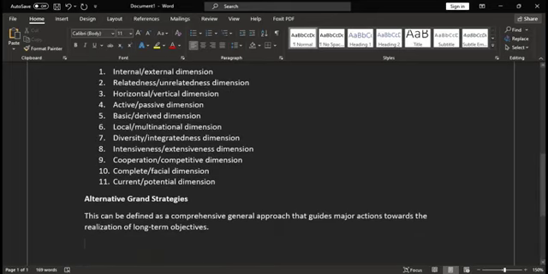Let's place them. Grand strategic alternatives can be classified into: the first one here is the stability strategy.